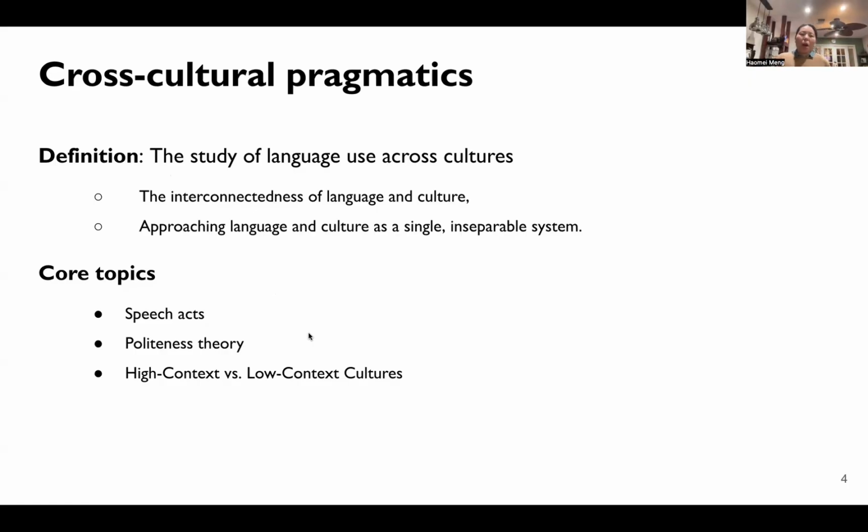So far, three topics have been explored mostly: speech acts, politeness theory, high context versus low context cultures. I will expand more on the last topic. High context refers to that the language use relies heavily on the context, like Chinese.